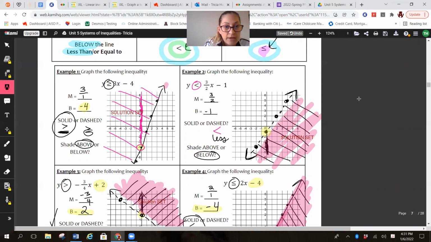And on example 1, the points on the line are solutions, and then the points above the line are also solutions. So that will be on the STAR. It will ask you, is this point on this line a solution? And if the line is dotted, you'll say no.